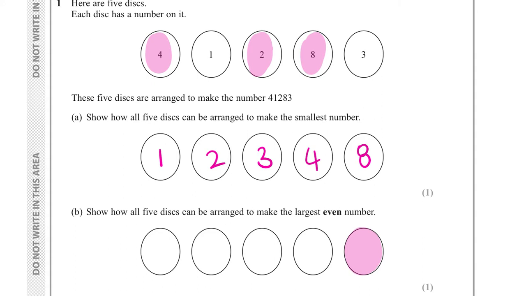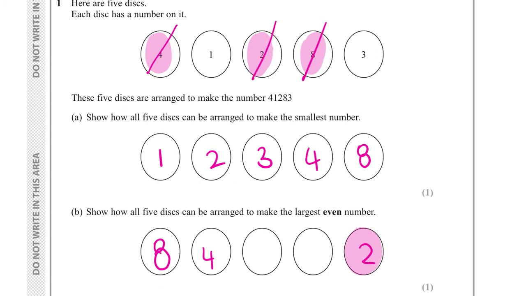If the smallest number, we have to put the smallest number first. The largest number, we're going to have to put the largest number first. So let's go. The largest number is 8. Okay, that's all right, because I've still got a few even numbers left that I could use for the end number, can't I? What's the next largest number? 4. That's okay, because I still have an even number left that I could use for the end. Which number is going to have to go on the end now? 2. That's going to have to go there.